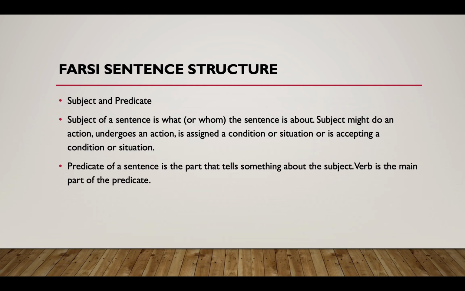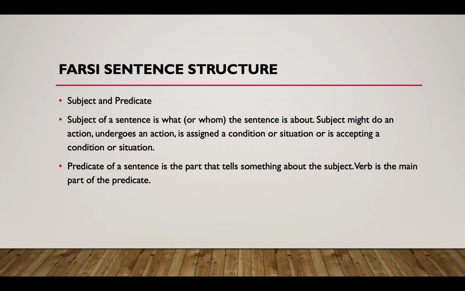Farsi sentence structure is following the same rules about subject and predicate. So as we know in subject and predicate in English, we know subject is the part of the sentence that we give some information about it, and predicate is the information which is given about the subject.